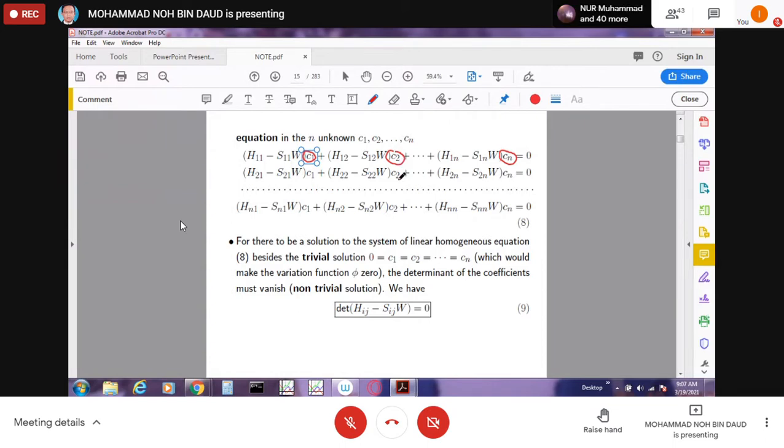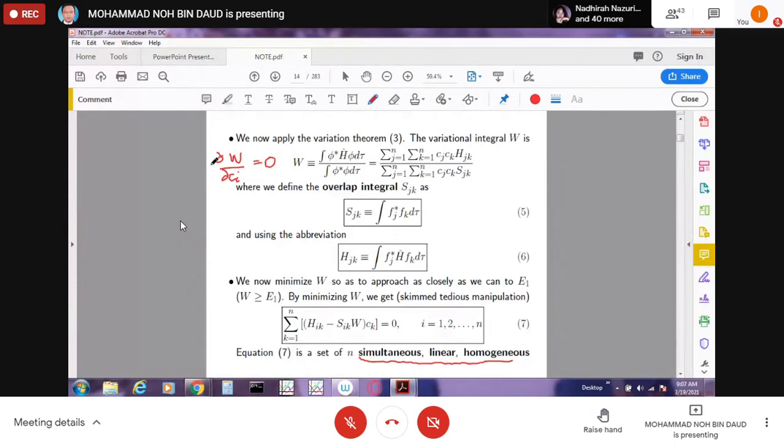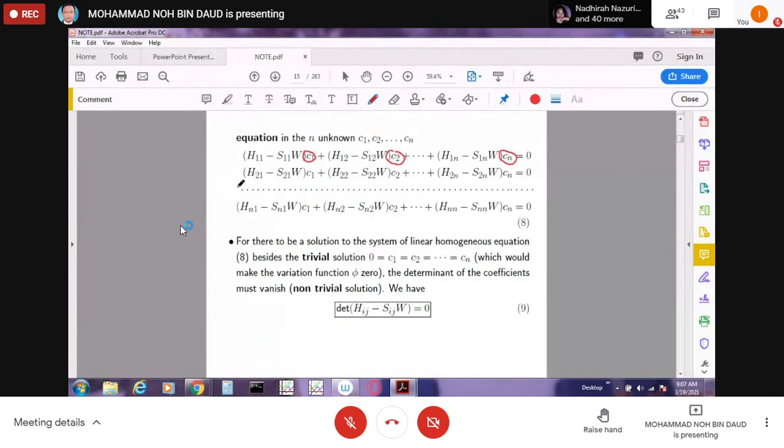If you look here, after minimizing this energy with respect to these coefficients, we can get these n simultaneous equations.